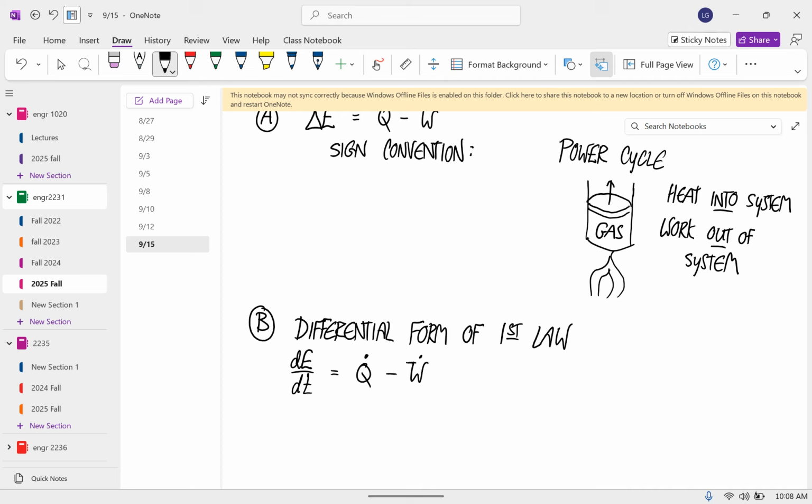And this time, Q dot stands for the rate at which energy goes into the system as heat, and W dot is the rate at which work is done on the surroundings by the system.